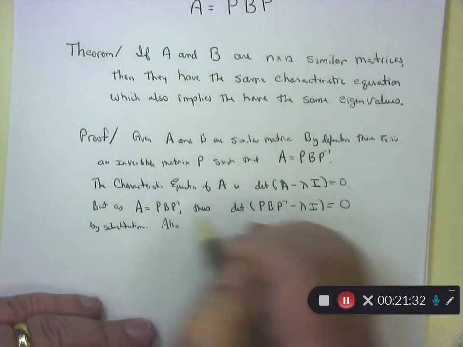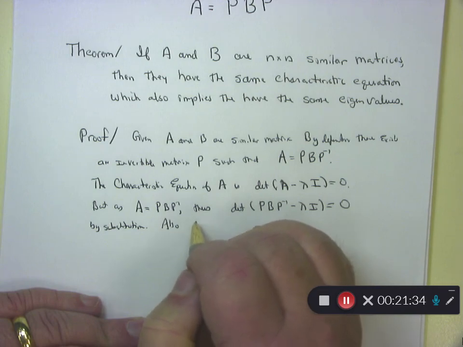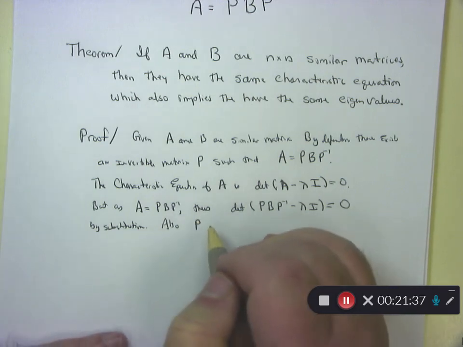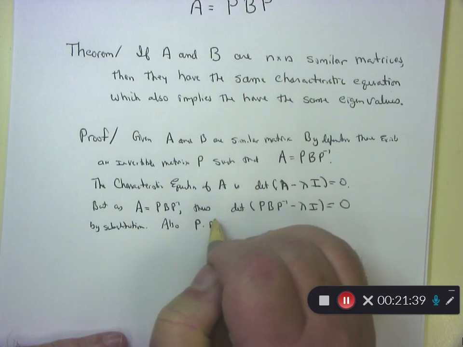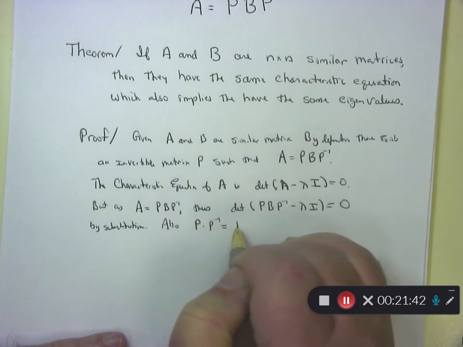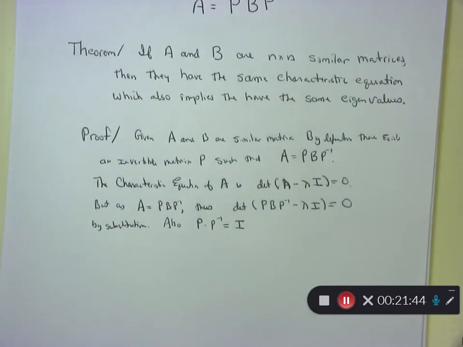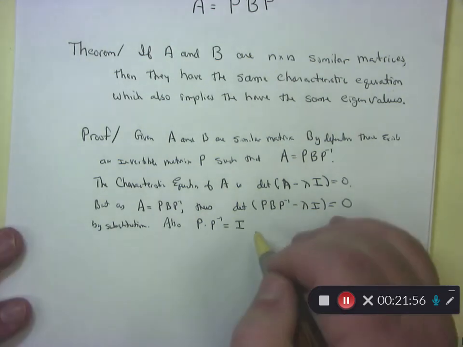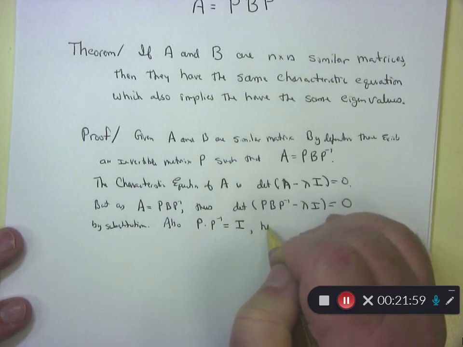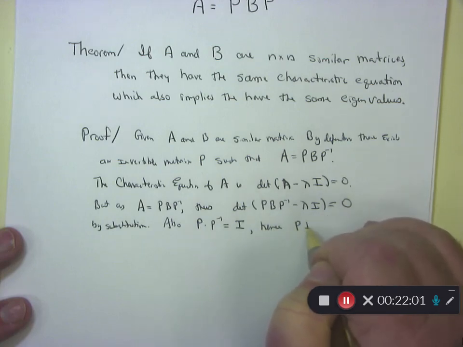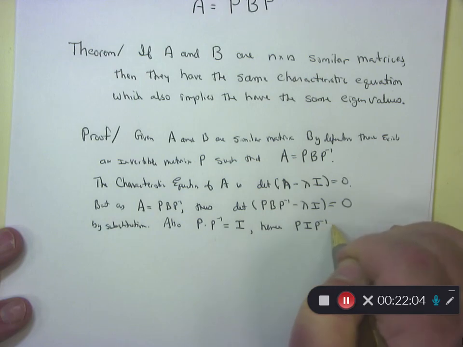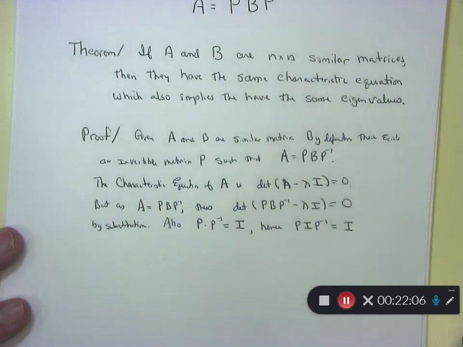Also, P times P inverse is equal to the identity, right? It's an invertible matrix. You take a matrix, multiply by its inverse, you get the identity. And all these matrices, by the way, are the same size, so they're all n by n. Hence, P times the identity times P inverse is also equal to the identity.